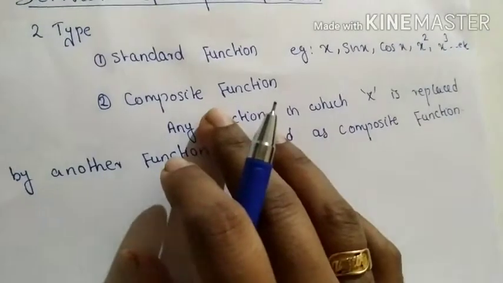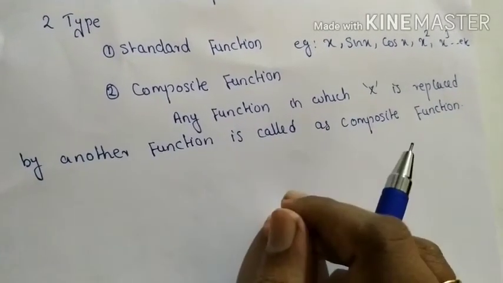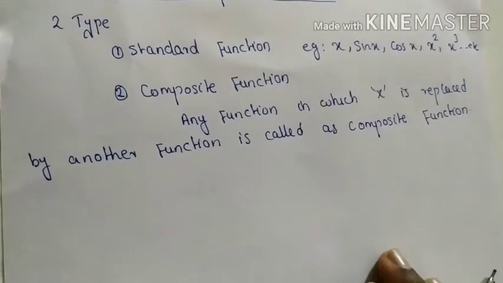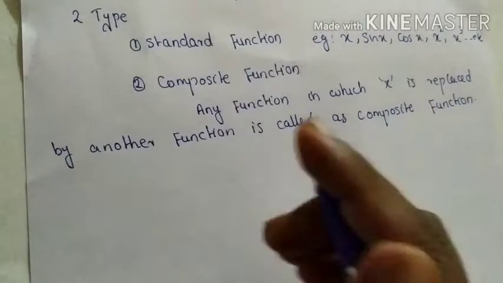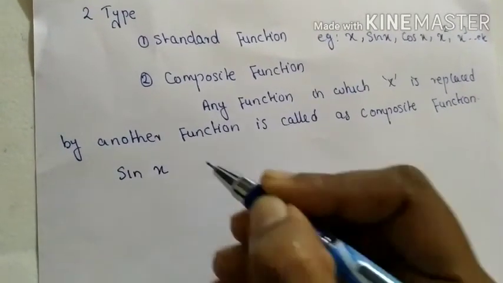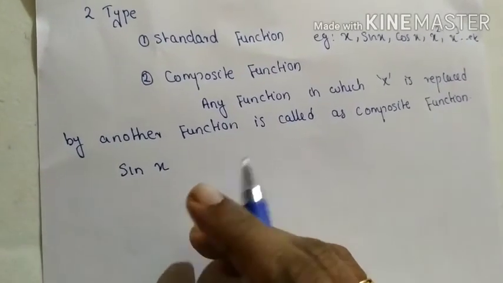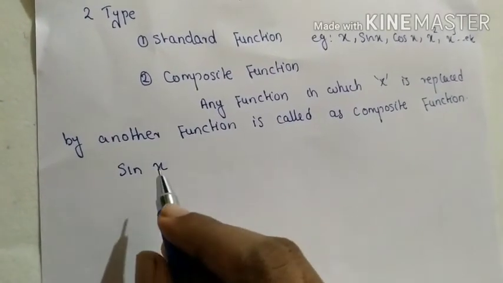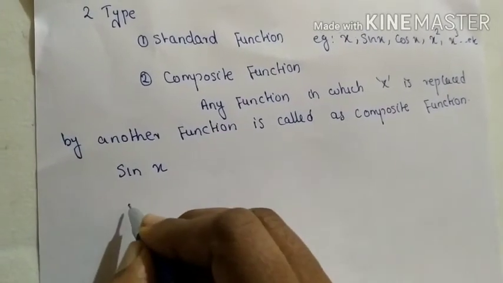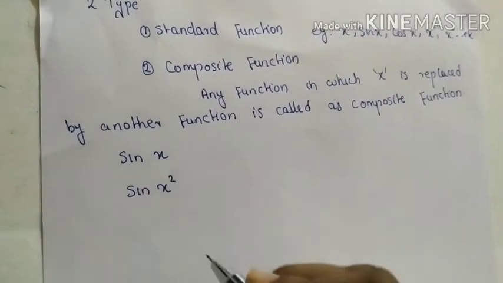In case of a composite function, any function in which x is replaced by another function is called a composite function. If I say sin x is the standard function, but if x is replaced by another term, say x square, that means sin x square.